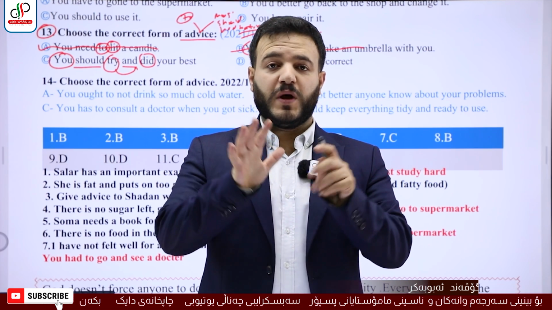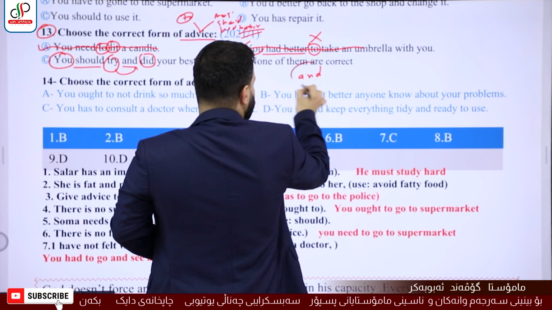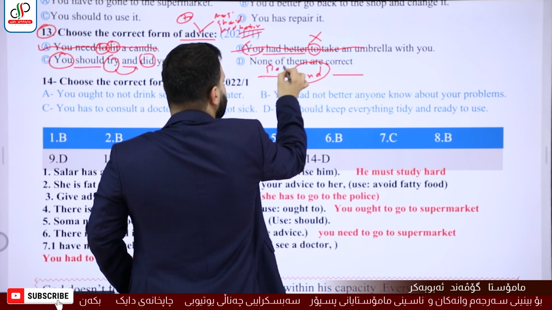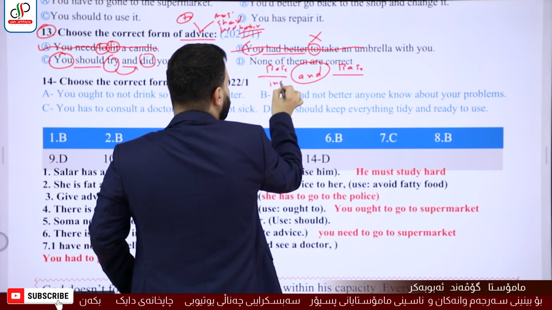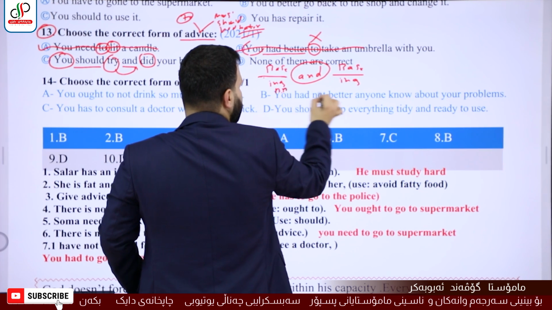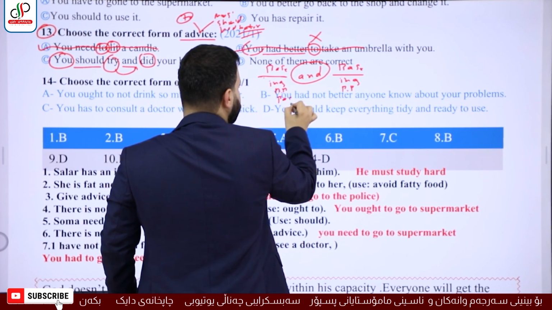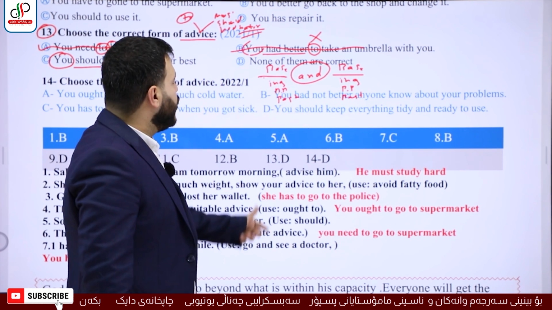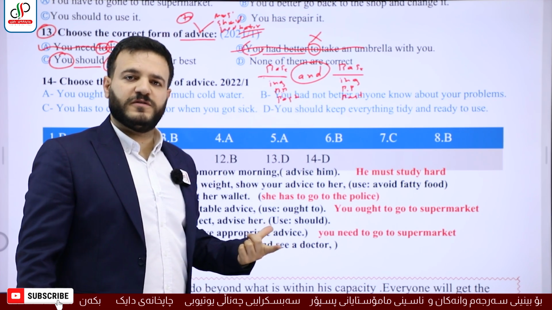Whenever you see and in the options, if this one is base, this one should be base. This one is an ing form, this one is ing form again. This one is a pp, this one is a pp again. If it's past simple, this one must be past simple again. Okay? We have to make a balance between these two kinds of verbs.